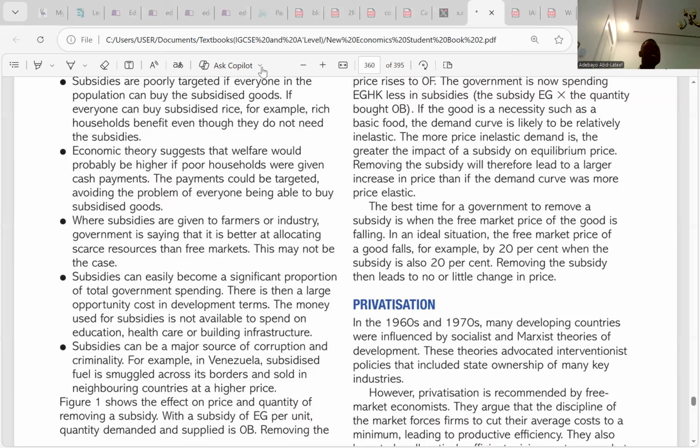Subsidies can easily become a significant proportion of total government spending. There's then a large opportunity cost in development terms. The money used for subsidies is not available to spend on education, healthcare, or building infrastructure. For an economy to develop, we need education, we need healthcare, we need infrastructure.